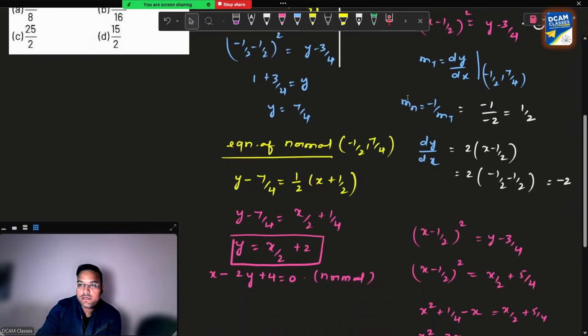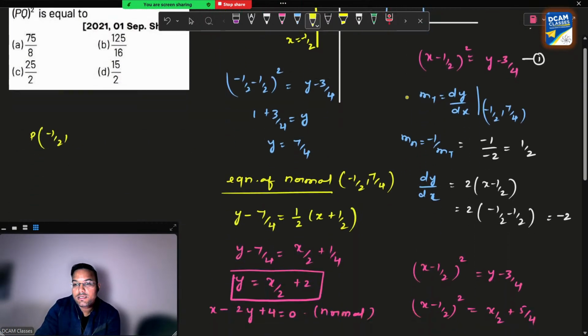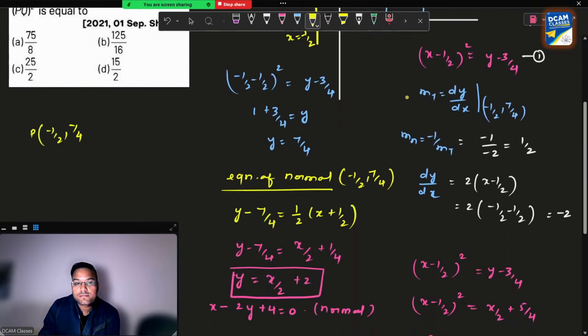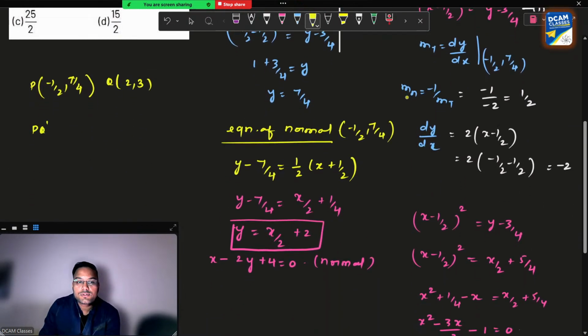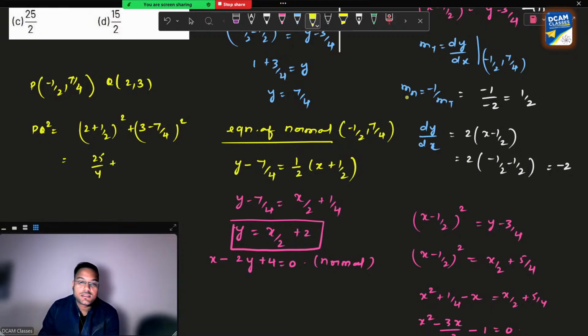Let me solve it. P point you have got, P point is (minus half, 7/4), and Q point is (2, 3), I think. So the PQ square will be (2 plus half) whole square plus (3 minus 7/4) whole square, which is 25/4 plus 25/16.